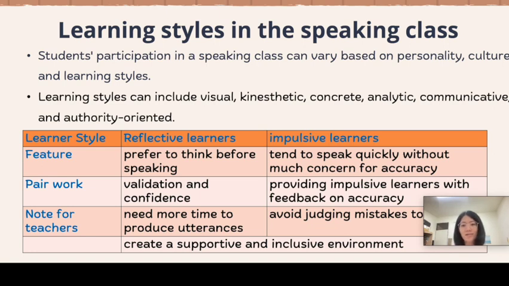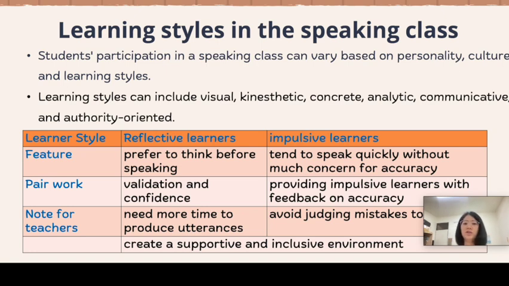The activities can include writing down thoughts before speaking to give reflective learners time to plan and allow impulsive learners to focus on accuracy. Pair work, such as the bus and a buddy as we mentioned before, allows the reflective learners validation and confidence while providing impulsive learners with feedback on accuracy.